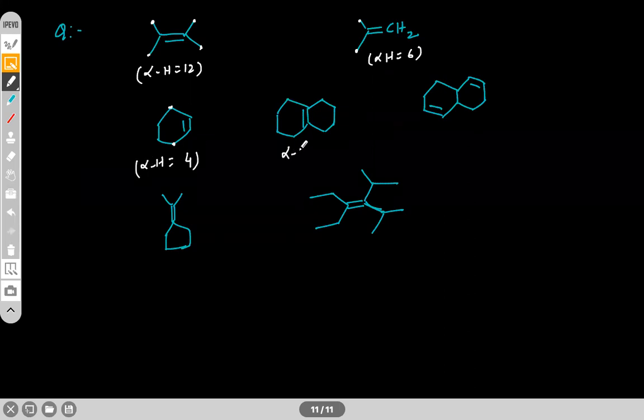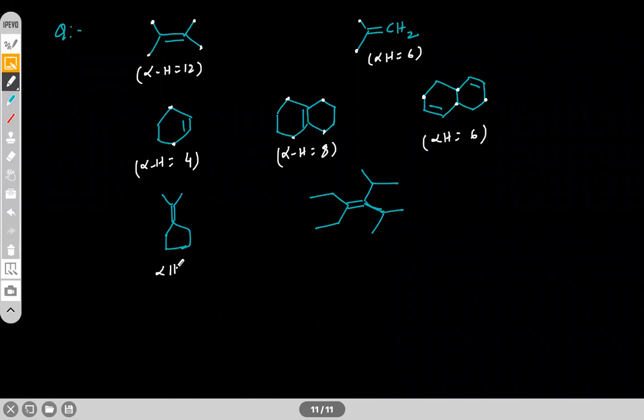Number of alpha hydrogens here, 1, 2, 3, and 4, so 4 into 2, 8. Here, for this double bond, this is an alpha carbon and this is an alpha carbon, so 2 plus 1, 3. For this double bond, this is the alpha carbon, 2 plus 1, 3. 3 plus 3, 6.